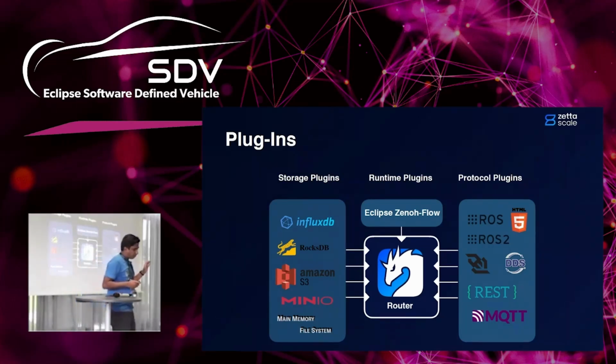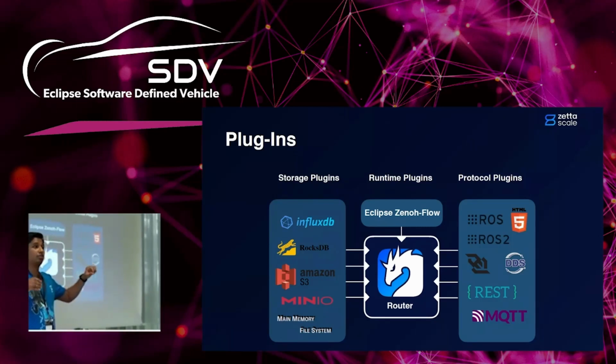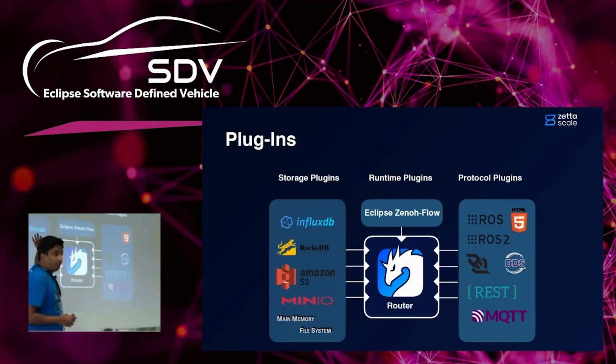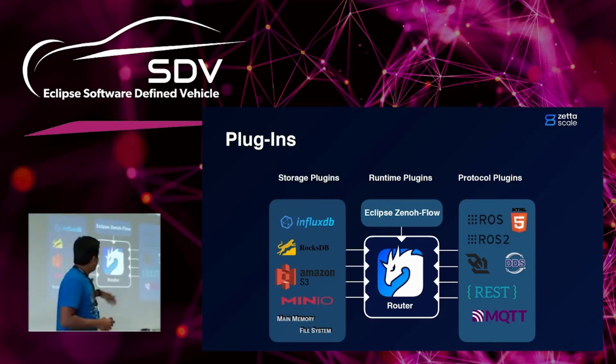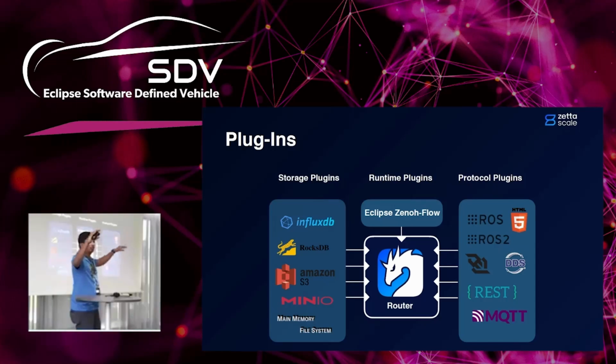So one big point on Zenoh routers. Zenoh routers not only route the data, they also provide you a mechanism to load plugins. So you can load storage plugins, from InfluxDB to the file system, and the storages are synchronized. Let's say if two routers are storing the same data, they basically synchronize.